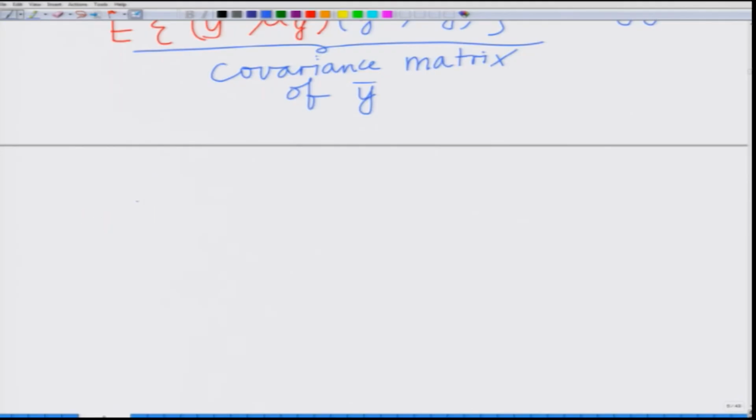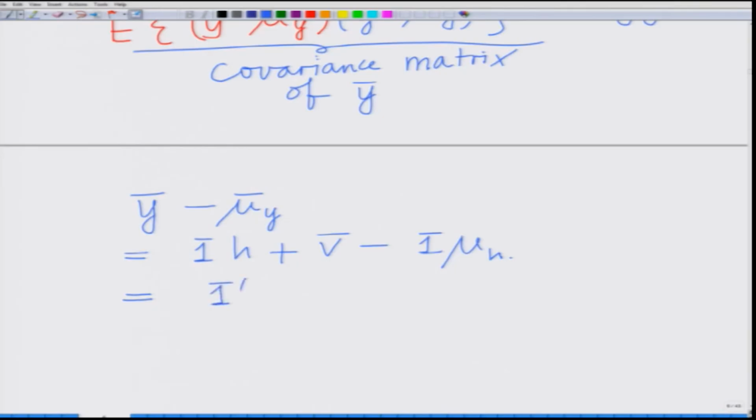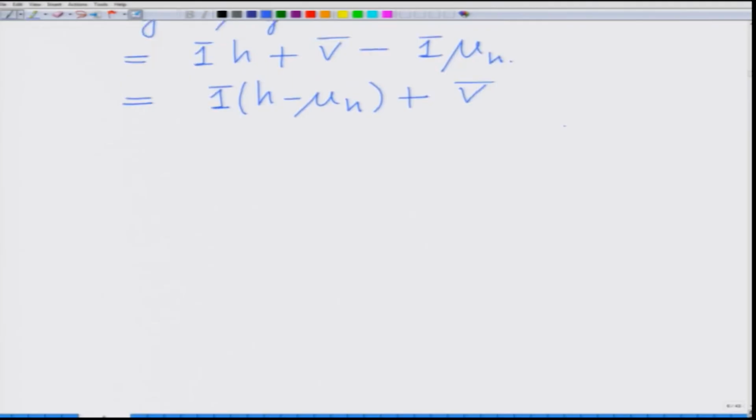First, let us look at this quantity y bar minus mu bar y. That is equal to 1 bar h plus v bar minus mu bar y, the mean of the vector, which is 1 bar mu of h, correct. That is what we have derived. So, I have 1 bar into h minus mu of h plus v bar. This is your quantity y bar minus mu bar y.